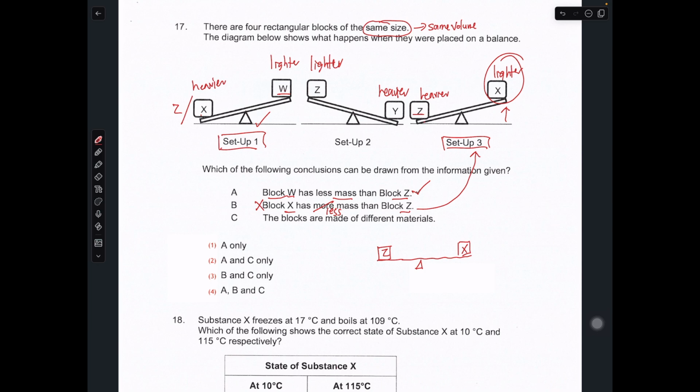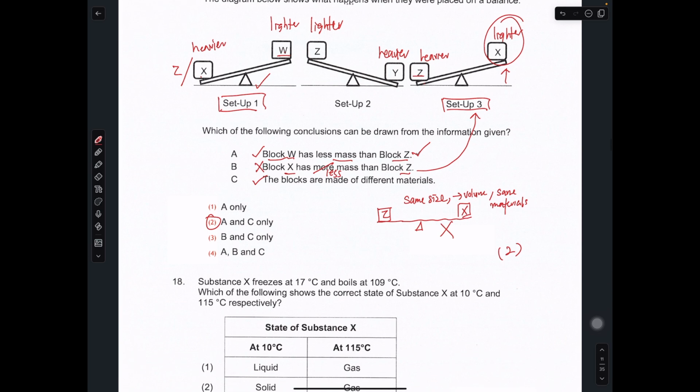If they are the same size, that means they have the same volume, and if they are the same material, they should balance. But in this case this was not observed, so naturally they are all made out of different materials. So A and C is correct, number 2.